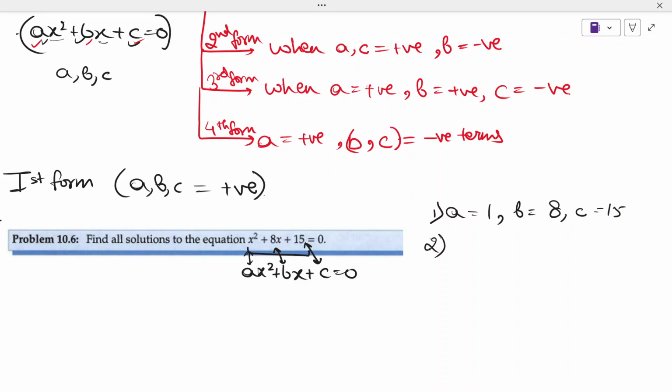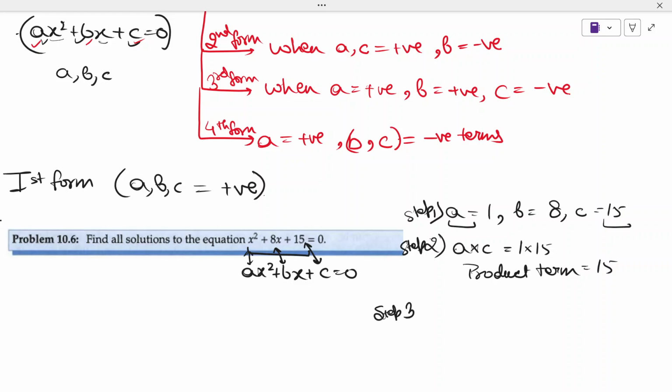Now the second step is to multiply the first and last term: a into c, 1 into 15. This is our product term. Product term is 15. Third step is to find the sum.